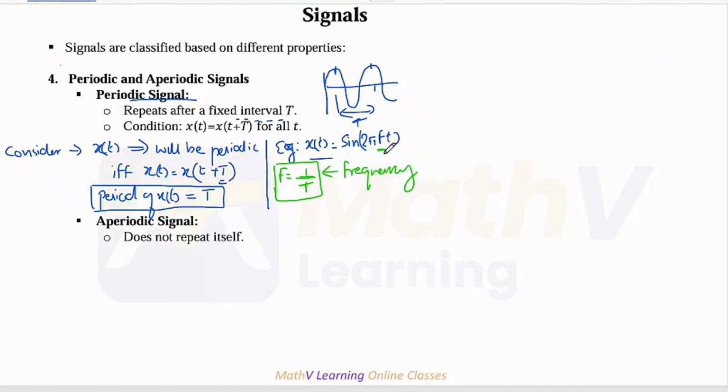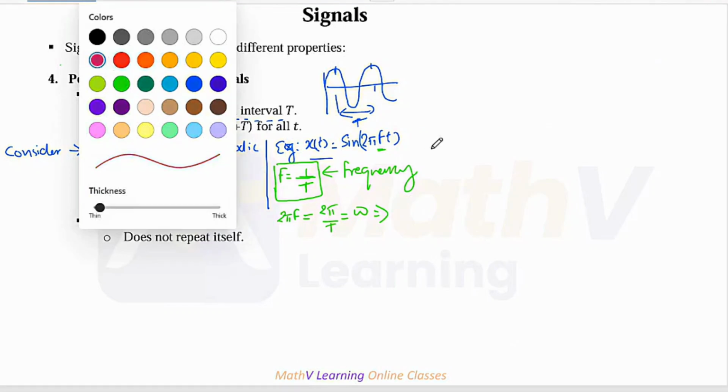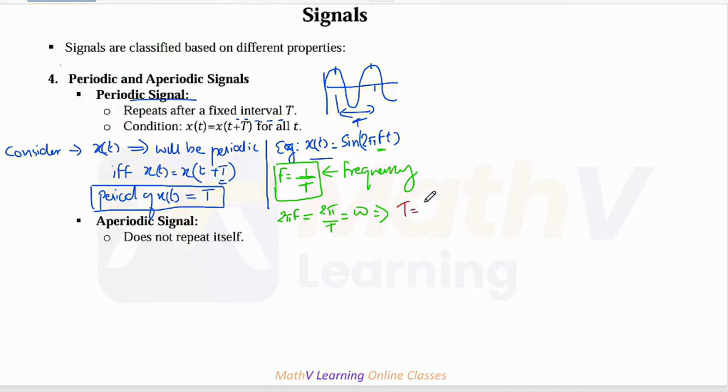From this equation, we have 2 pi f equal to 2 pi by T. This 2 pi f we call omega, the angular velocity. So the time period T is given as 2 pi by omega.